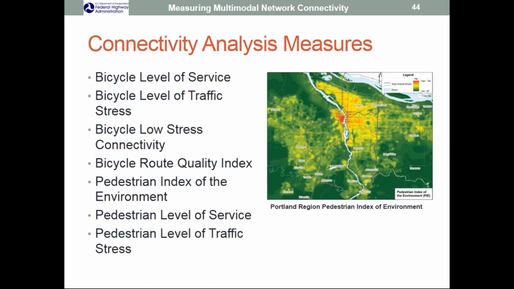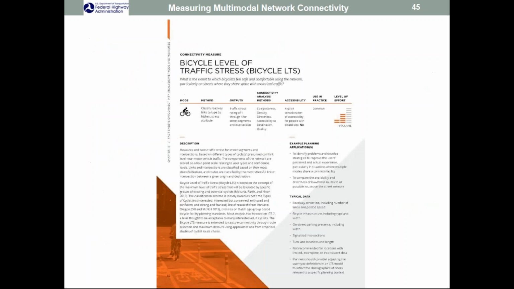So the measures are what we use to assess the connectivity methods. So we have some fact sheets in the guide on each of these emerging tools that can be used to look at bicycle and pedestrian network connectivity. I'm going to ask Hannah to advance to the next slide here. And you can see an example of what these fact sheets look like.